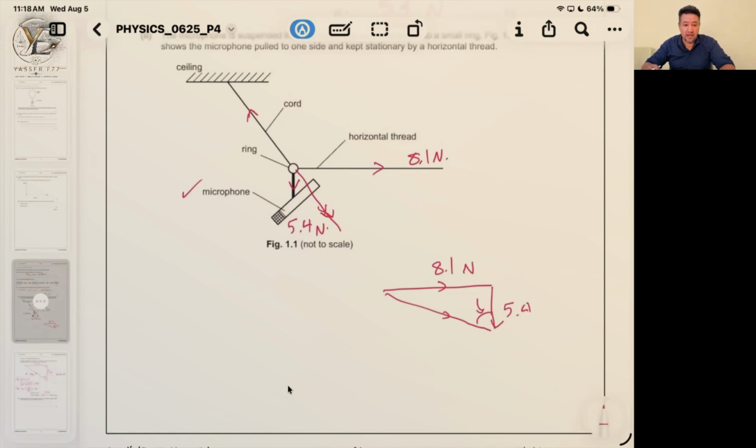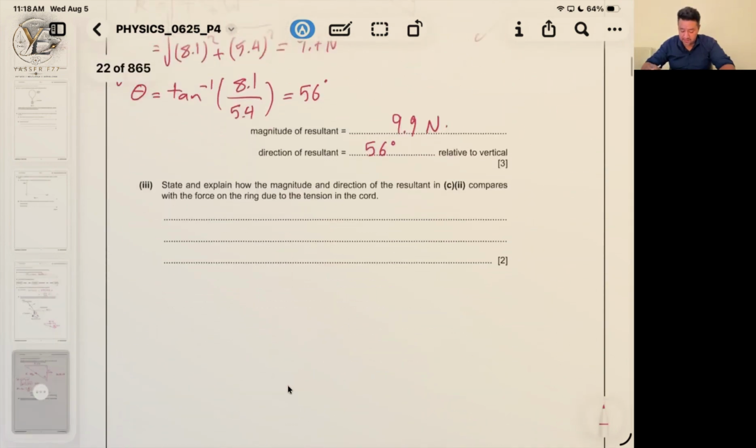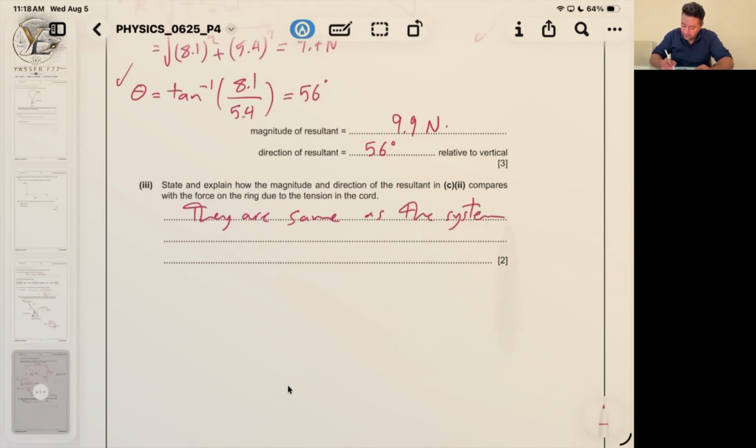And since they both act along the same line in opposite directions, they cancel each other, so the system is balanced. Then I explain the magnitude and direction of the resultant compared with the force on the ring due to the tension in the cord. I'm going to say they are the same as the system is balanced.